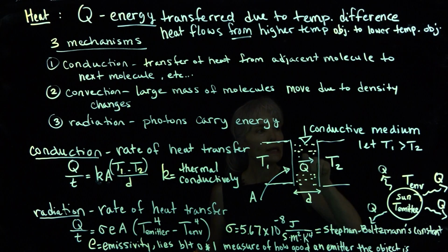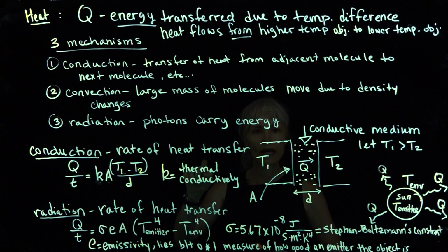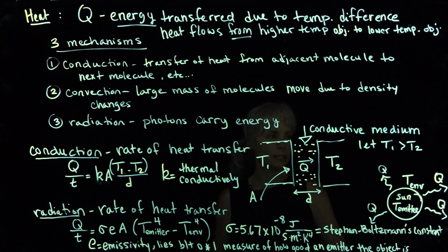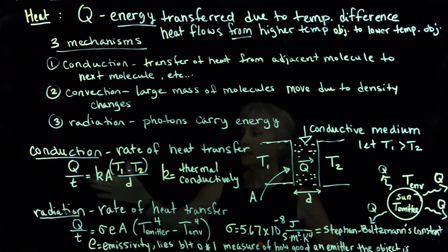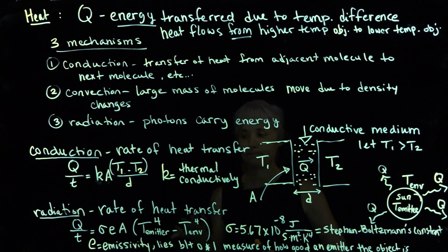We want a conductive medium that has a very low thermal conductivity. When we talk about our home, we want this material to have a very low K value, a low thermal conductivity. So this formula allows us to quantify the rate at which heat is lost via conduction.